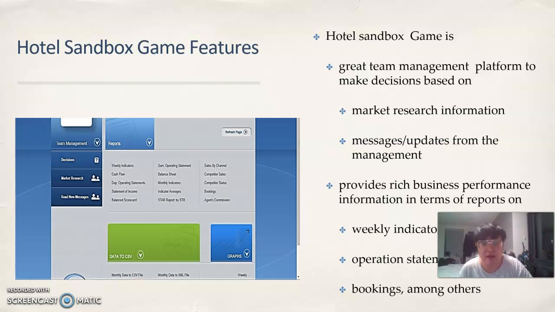The platform provides rich business performance information in terms of reports on weekly indicators, operations statements, bookings, and others, which can be used to take efficient decisions about the sales and marketing related aspects.